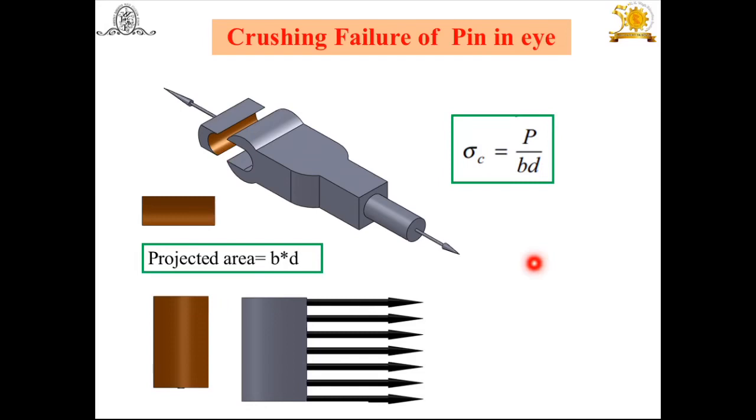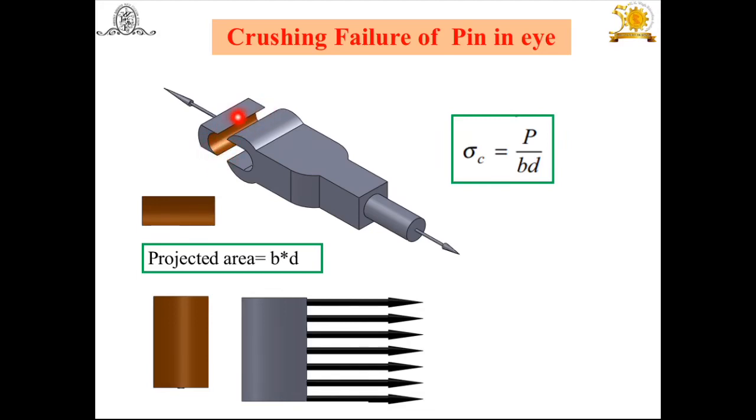Now the third failure of the eye, that is crushing failure. What is happening when this knuckle pin is properly fitted? I have already told you, we say crushing stress when there is no relative motion between the two meeting parts. At that time, how do we find the crushing stress? Sigma c is equal to P upon projected area. But here, because of the pin, what is the projected area shown here?